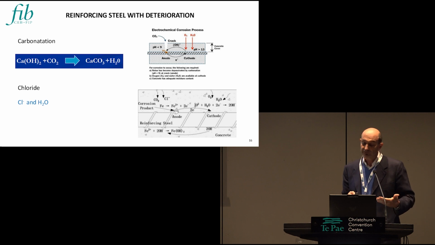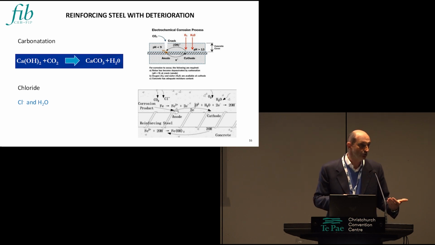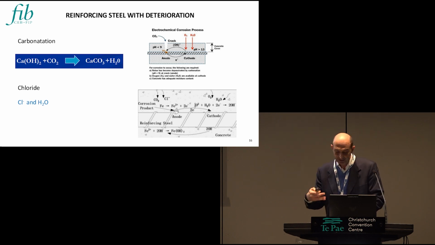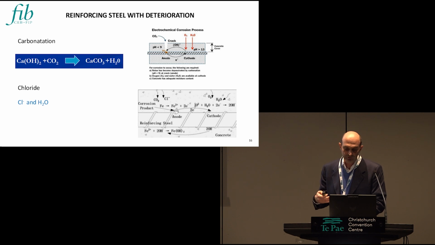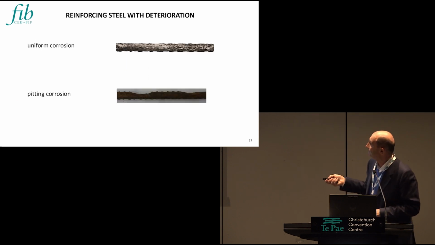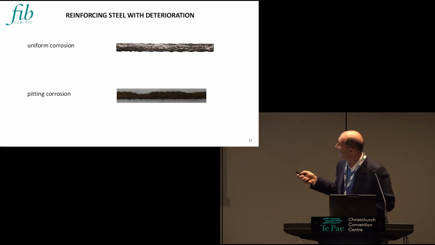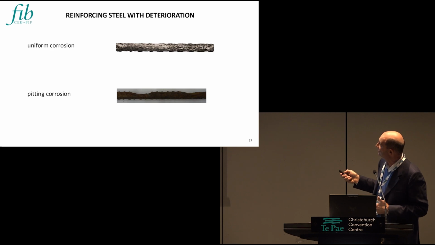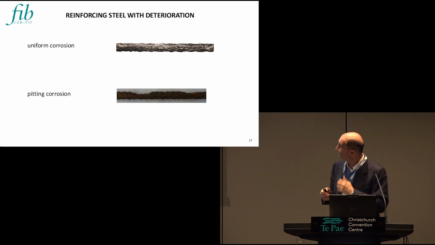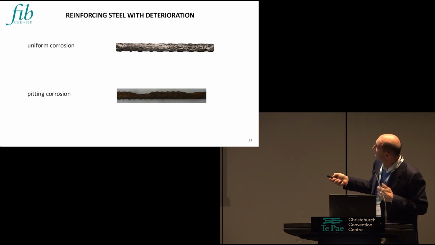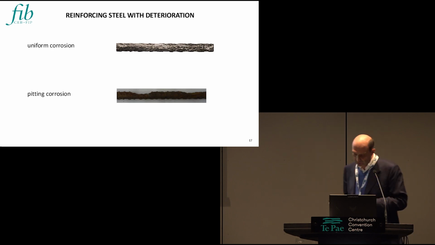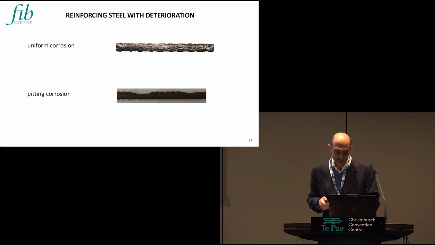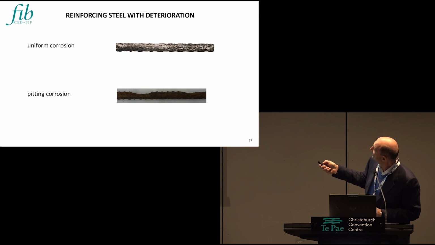In case of chloride penetration, we can have pitting corrosion that could still more reduce the ductility. Those are mainly the typical degradation reactions that we have in the reinforcement, and mainly in corrosion with chloride, we have this pitting that could create a further reduction than uniform corrosion. This is pitting corrosion.